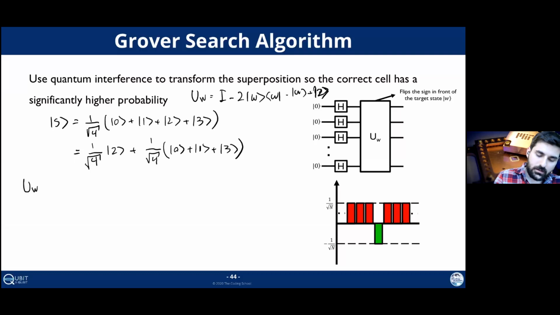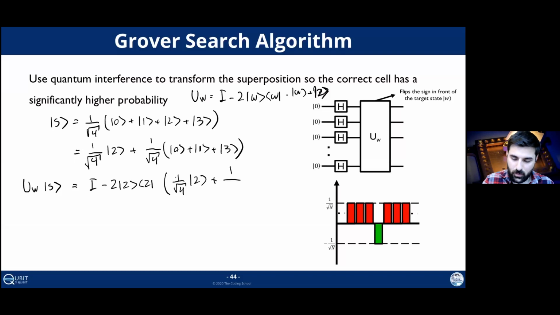So if I apply U of w to this S state, I can rewrite that as the identity minus 2 times this matrix element, now acting on everything there: 1 divided by square root of 4 times the 2 state, plus 1 divided by square root of 4 times 0 plus 1 plus 3. So far I'm just writing the forms for each of these.